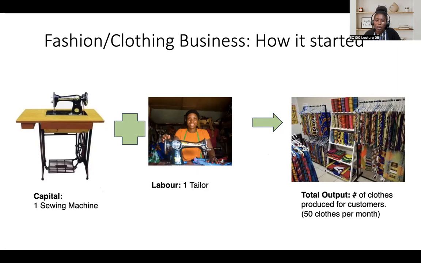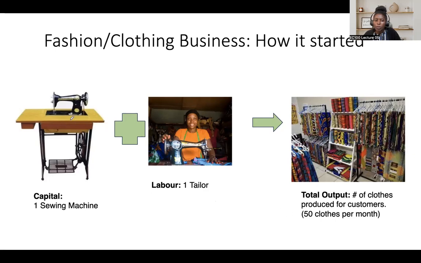Probably they need to buy threads, a lot of things, other inputs, and electricity. They are paying bills for electricity to use for the business. So there are a lot of other inputs that we can think of to make this business happen. But these are just a few because I want to make a point here.